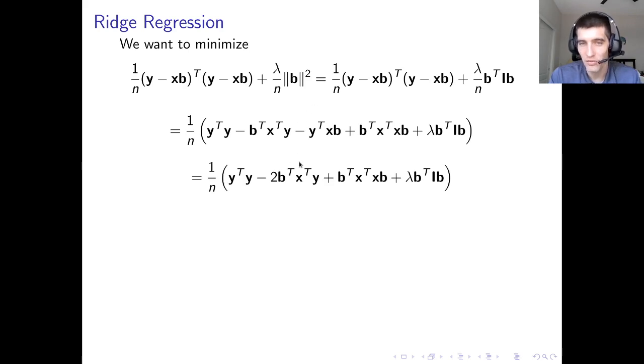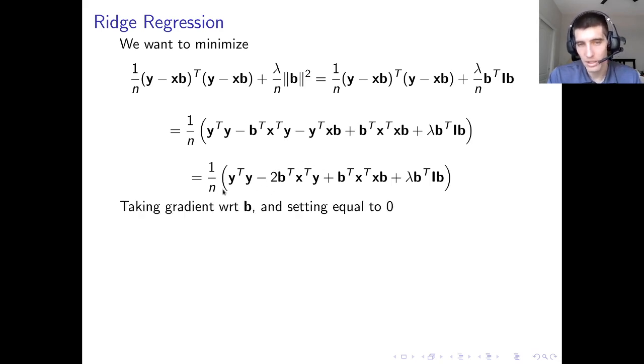We've seen this before, but these terms are scalars, therefore they are symmetric. A scalar, you can take a transpose, it's obviously the same quantity. So these are equal to each other, and I can just collect them in this term.